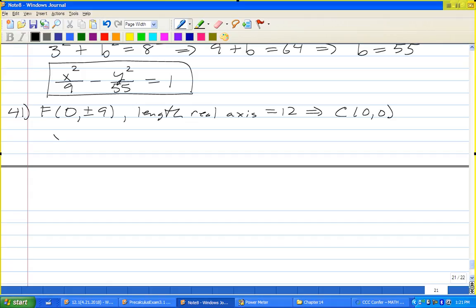I know the equation of my hyperbola must be, since the focal axis, the real axis, is along the y-axis, then the sign in front of the y squared must be positive, and the sign in front of the x squared must be negative.